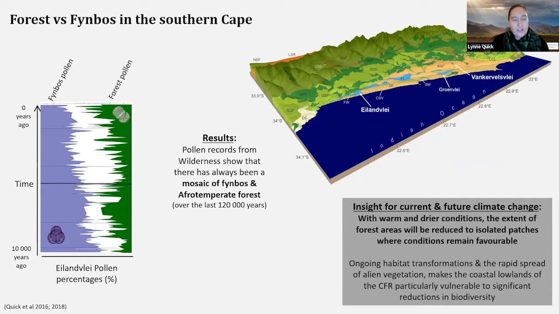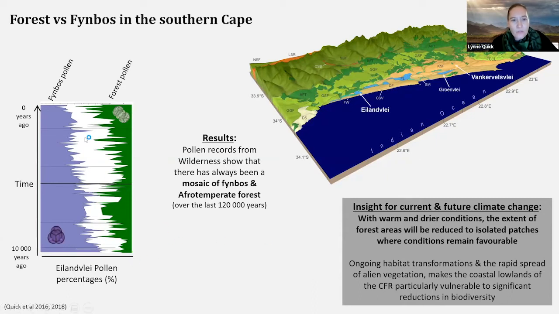And again, this is very much a summarized slide here, with some of the take-home messages from the work within the Wilderness region, from Elandvlei, the 30.5 meter core, and also from another sediment core that I worked on just further inland on a very different time scale, from Van Kerwelsvlei, which covered the last 120,000 years.